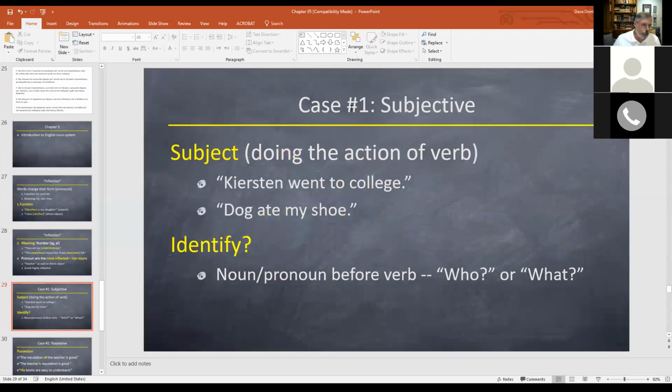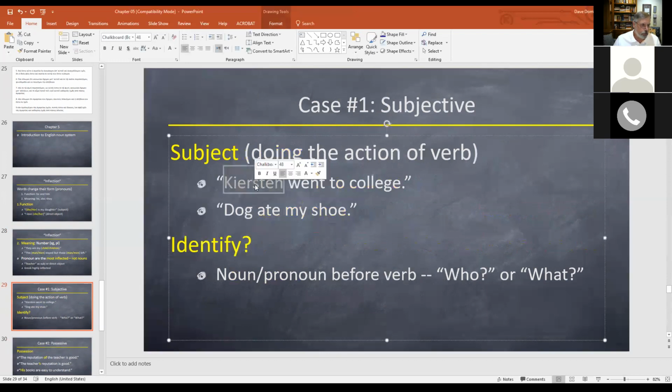In English, we have three cases. We have a subjective case. Well, that's nothing more than the subject. The subject is doing the action of the verb. Kirsten went to college. Well, Kirsten is the subject. The dog ate my shoe. Well, the dog is the subject. That's one case. If we don't really know what the subject is, we ask ourselves the question.